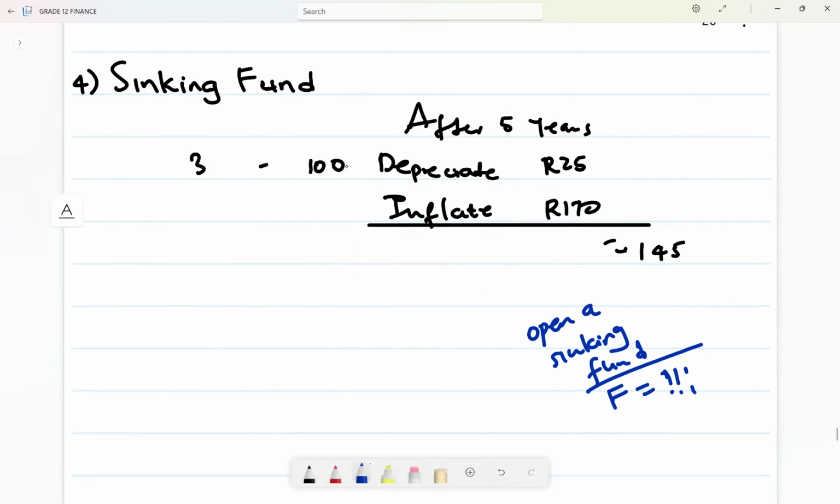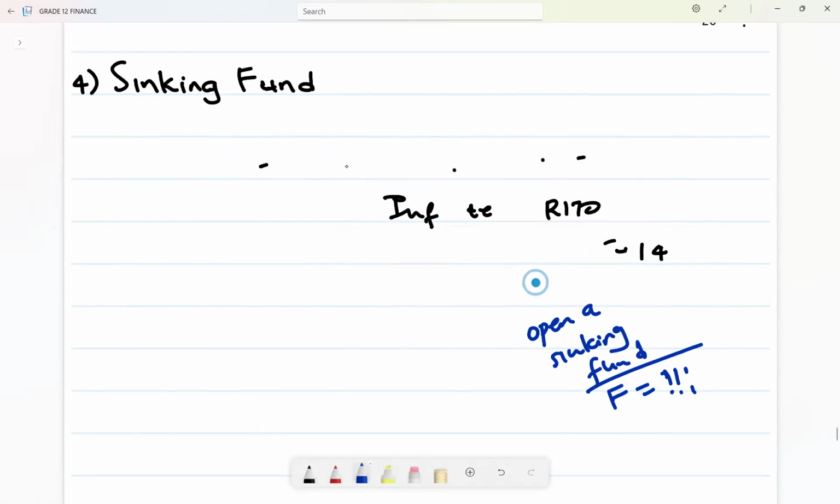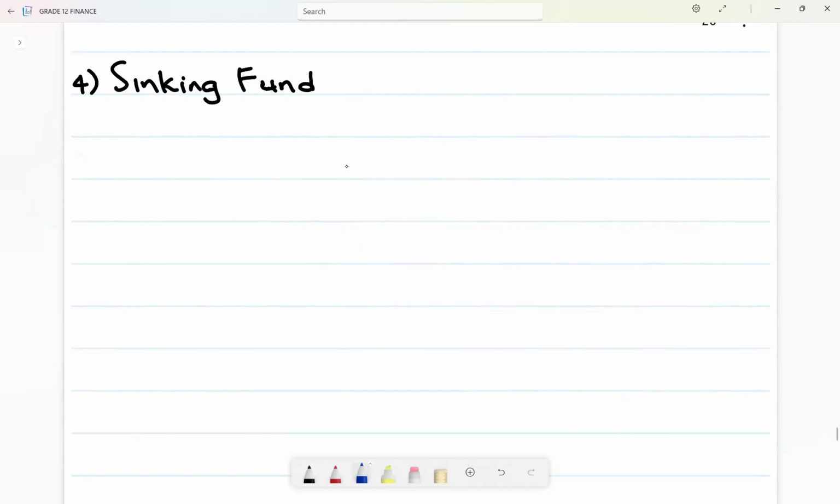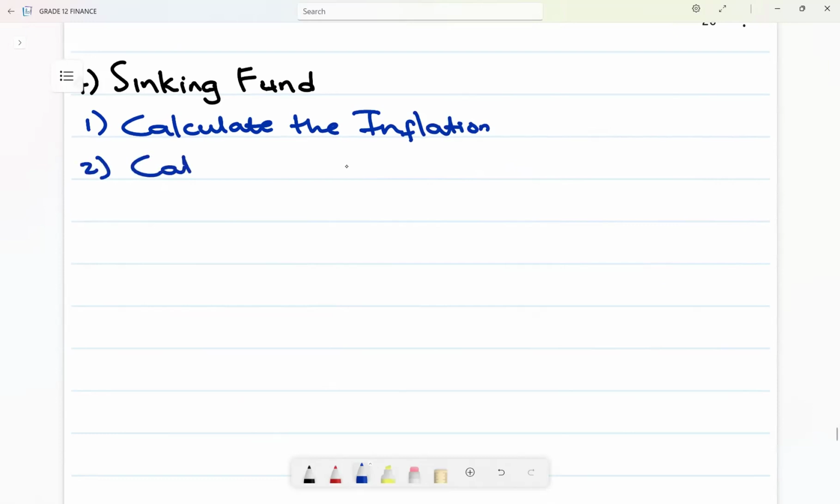So in simple terms, for me to open a sinking fund, I will need these things. Firstly, I will need to calculate the inflation. Secondly, I'll need to calculate the depreciation value of my laptop.